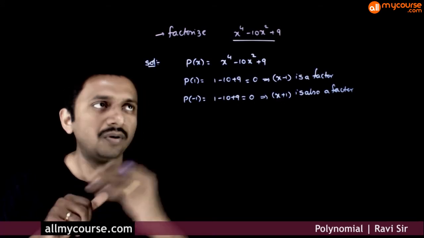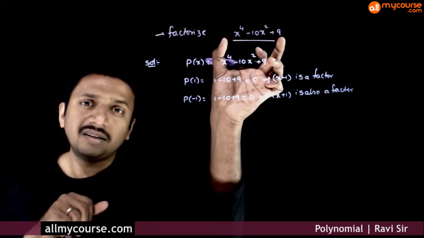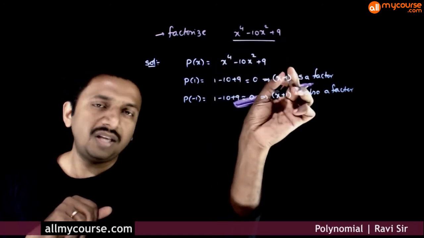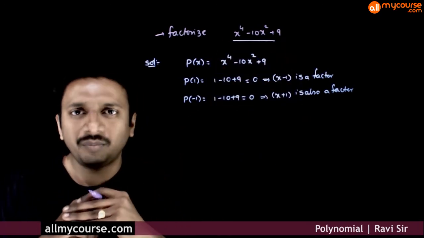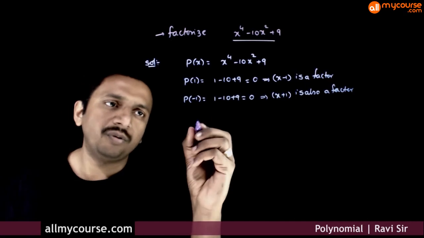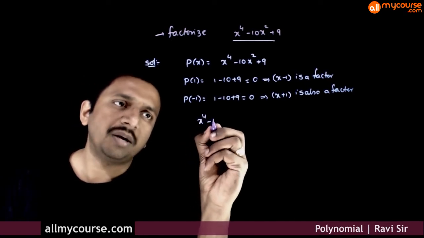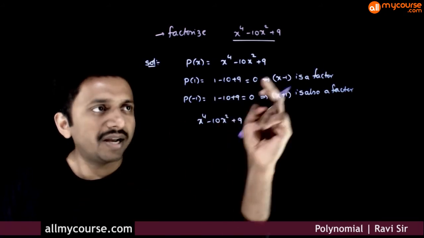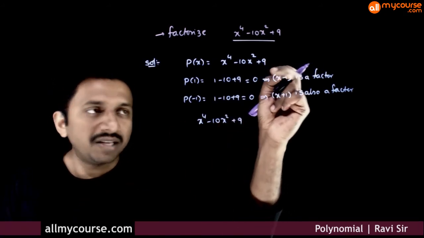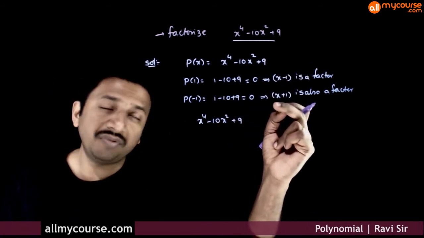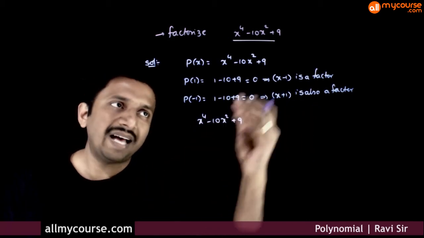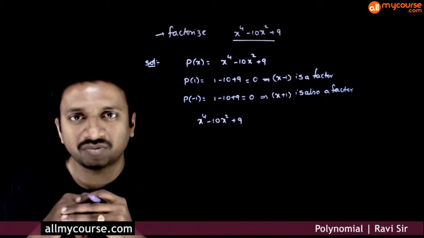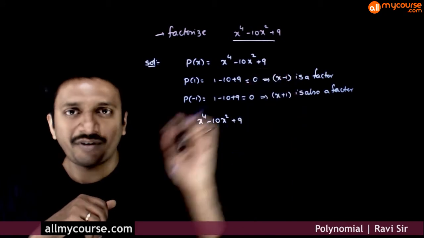So first what we do is we divide the expression by these 2 factors to get the remaining factor. If you divide x power 4 minus 10x square plus 9, you can divide first by x minus 1 and then the quotient by x plus 1, or you can directly divide by x square minus 1 because this is a complete factor.